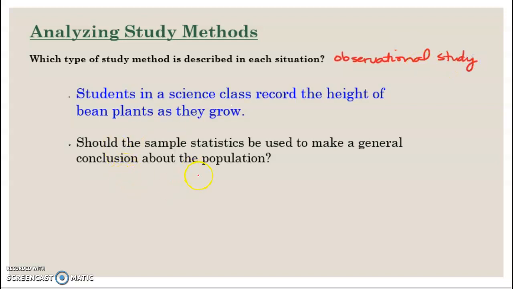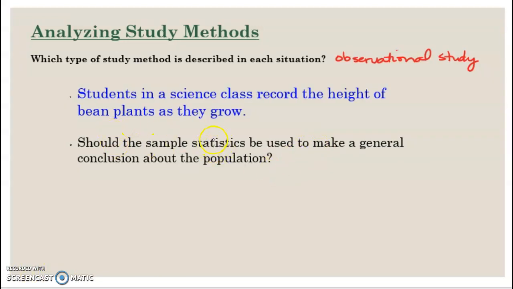Should the sample statistics be used to make a general conclusion about the population? And bean plants are pretty much bean plants, so it'll be all right. Yes, you could use that.